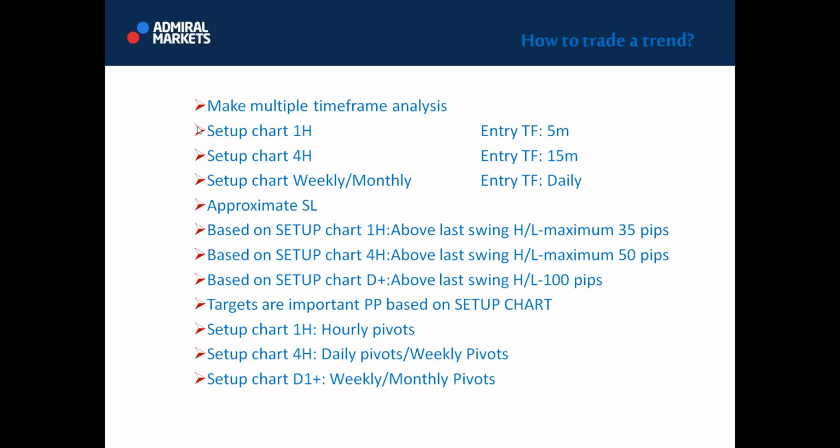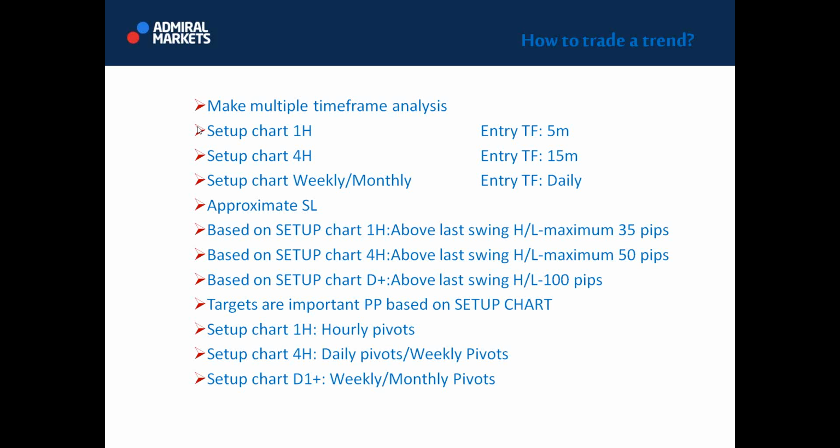So our entry is 5 minutes based on 1 hour. Stop loss is based on 1 hour swing highs and lows, and target price is based on hourly pivot indicator. If you do not have hourly pivot indicator, try to Google for it. You will probably find it, hourly pivot points.